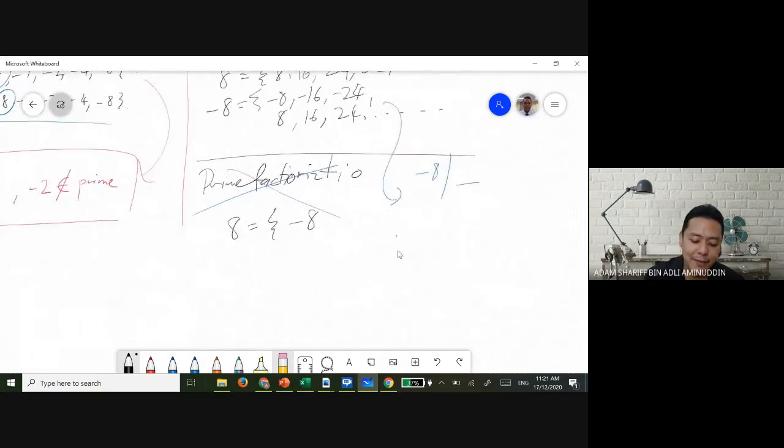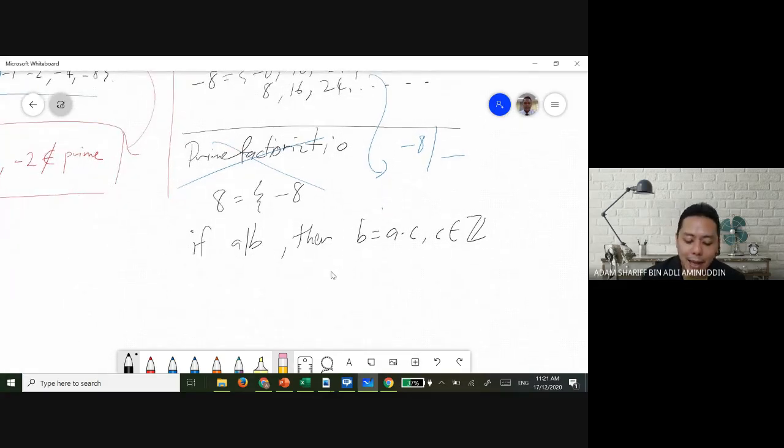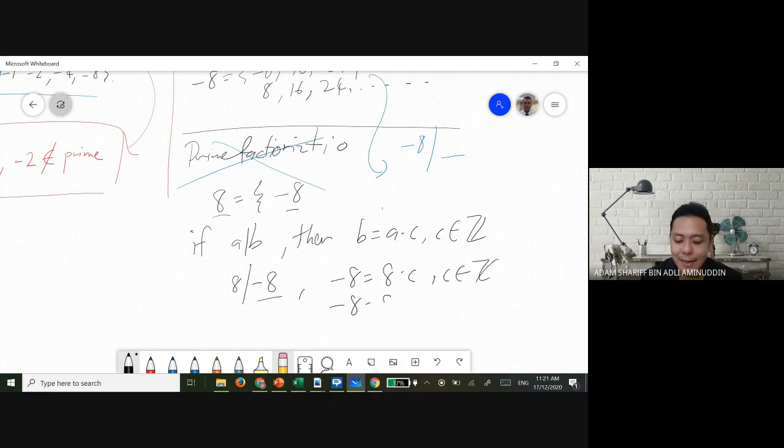Kita balik kepada definition. If A divides B, then B equals A times C. Okay, adakah 8 faktor kepada negatif 8? Ni multiple kan? Kanan ni multiple, kiri faktor. Negatif 8 sama dengan 8 kali C, C adalah integer. Negatif 8 sama dengan 8 kali, boleh tak? Boleh.